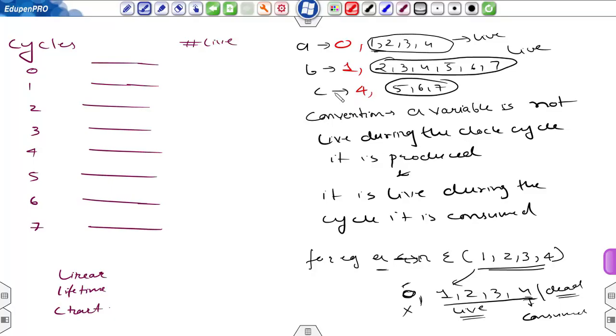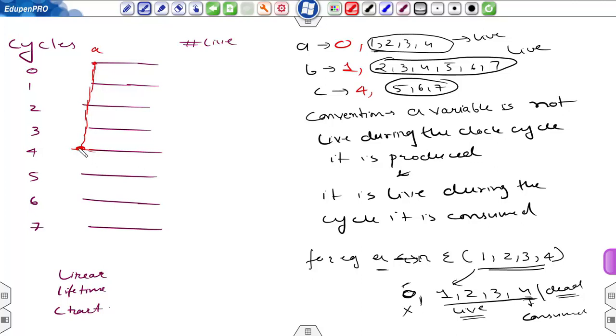Okay, and to represent this on this linear lifetime chart we will draw vertical lines. Okay, so for A it is produced at 0th cycle and it is consumed at 4th cycle. So we'll draw a vertical line corresponding to A starting from 0 to 4.